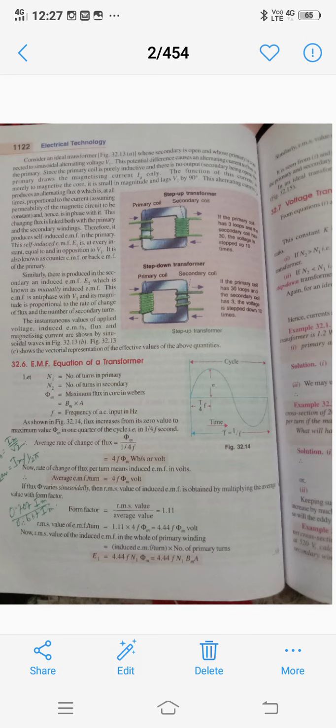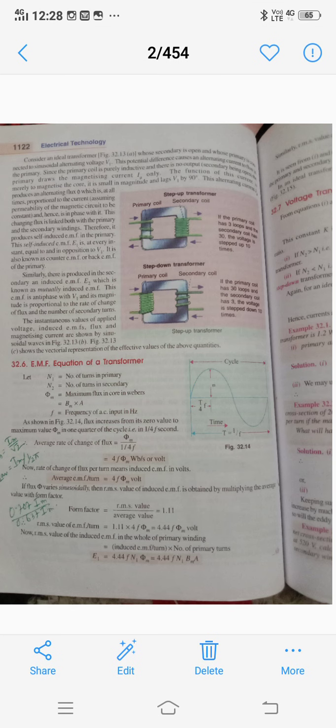Now, what is the RMS value? Whatever we use for domestic or industrial purposes, we always calculate with RMS values. So to convert to the RMS value, we multiply by 1.11. The RMS value of the generated EMF is 1.11 into 4f phi m, that means 4.44 f phi m volt.